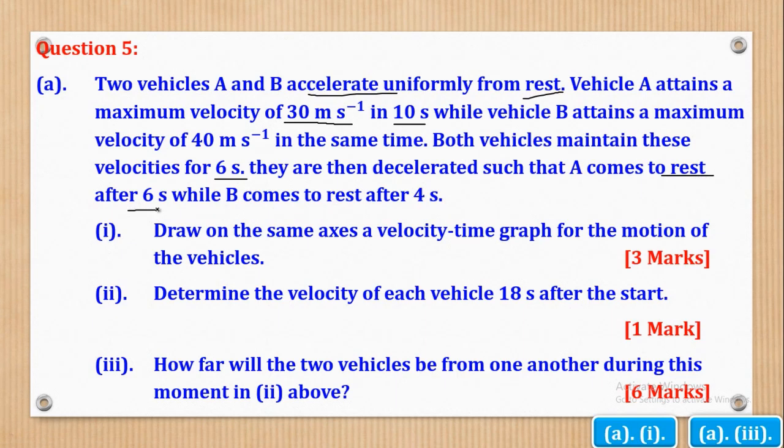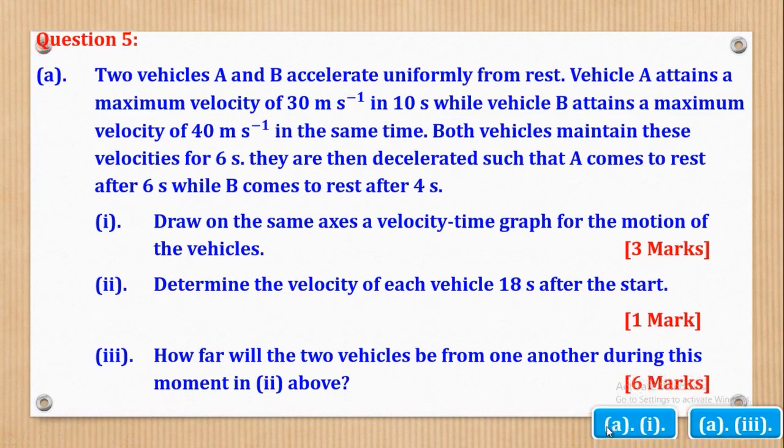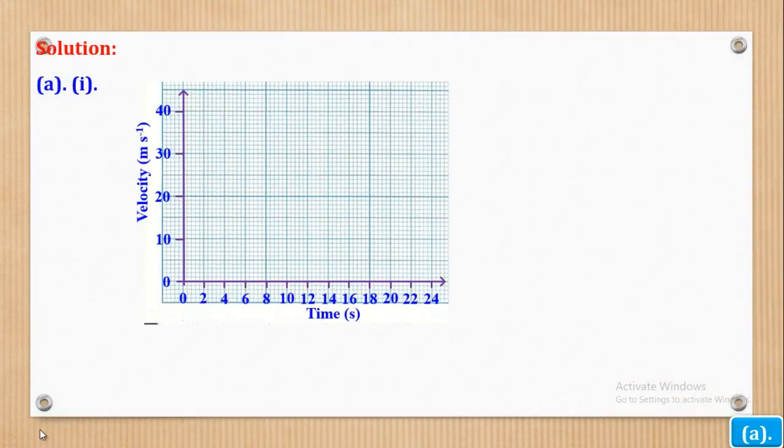So let's first represent the motion of vehicle A. It started from 0 and accelerated uniformly for 10 seconds until it attained a speed of 30 meters per second. So we are going to draw a straight line from here up to there. So let's do that.